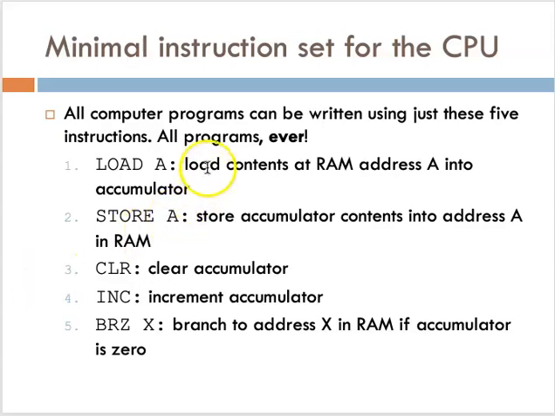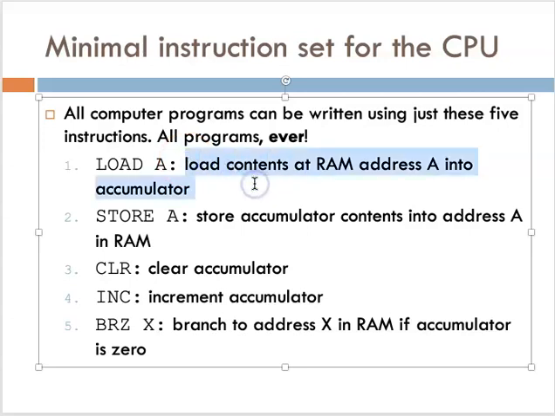It needs to be able to load the contents of RAM from some address that it has, and this is looking at the version of not binary, because remember, binary was the first machine language, the first generation, but a second generation assembly.